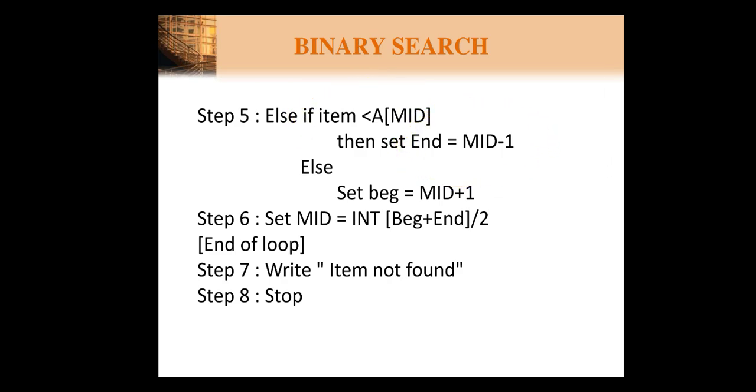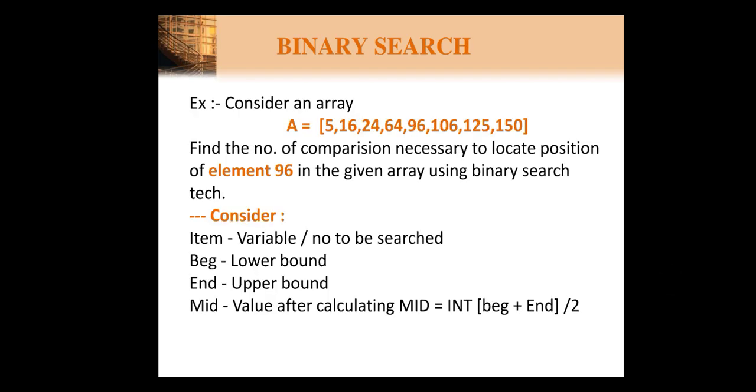If your atom is not less than A of mid, that means it is greater than mid, then you need to change the beginning position. And again divide your newly formed array into two parts with the help of the mid formula. After doing this process, you can say whether atom is found or atom is not found.